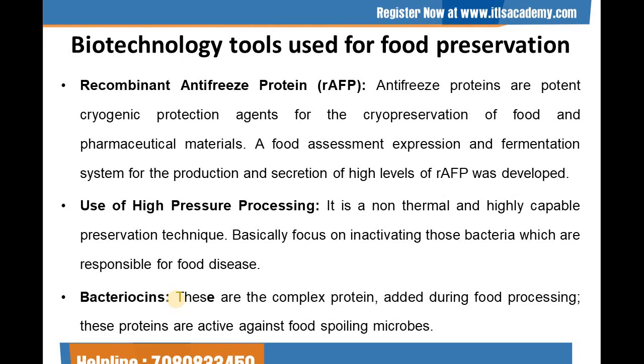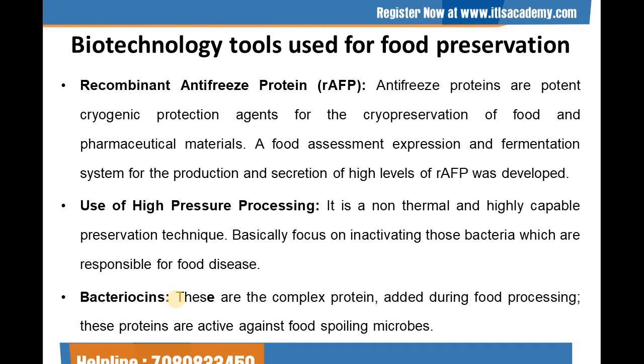Let's understand the biotechnology tools used for food preservation. Talking about the first point, it deals with the recombinant antifreeze protein. Antifreeze proteins are potent cryogenic protection agents for cryopreservation of food and pharmaceutical materials.